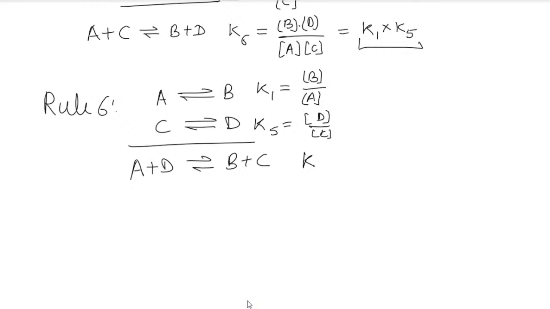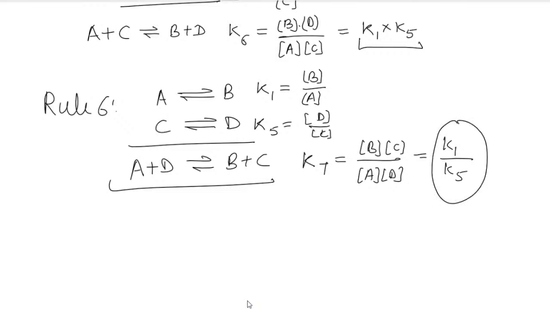So K7 equal to B into C over A into D. Means just play with the equations, nothing else. So B upon A is K1 and it becomes divided by K5. That means if you subtract the equations, equilibrium constants are divided.